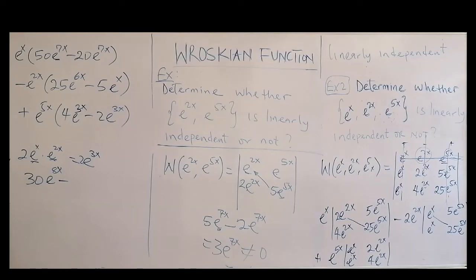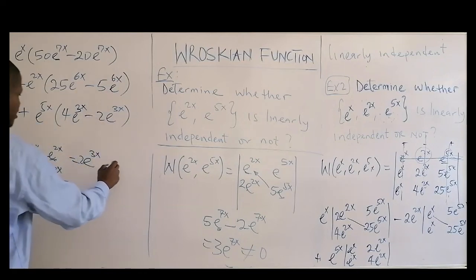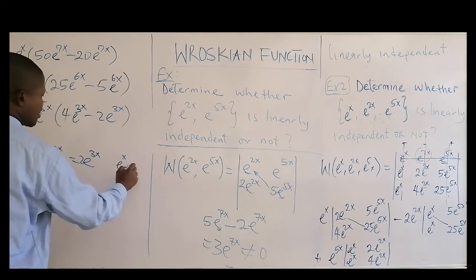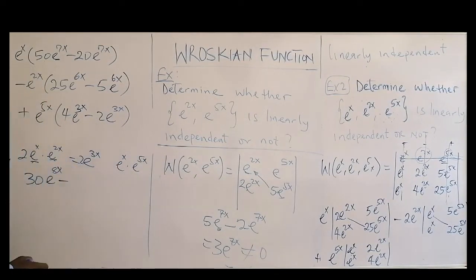Okay, then minus 25 minus 5. Let's check that second one. That's 25e^6x minus 5. That should be e^6x also here because we have e^x times e^5x. Okay, check that multiplication.